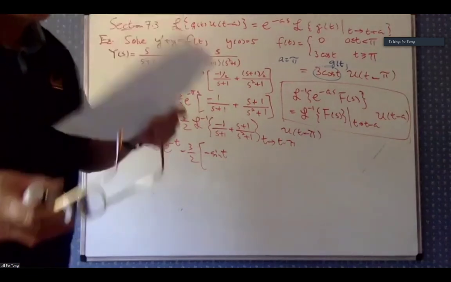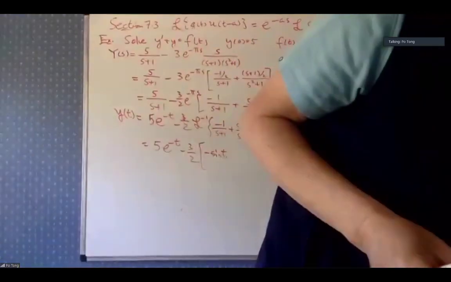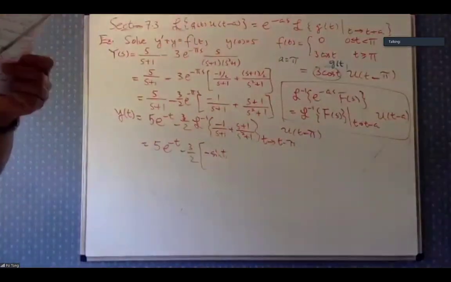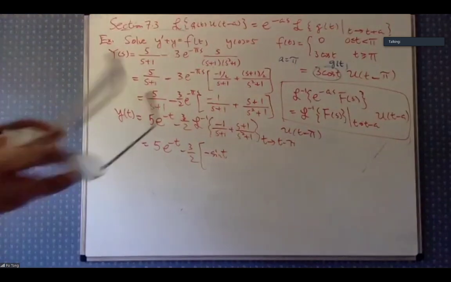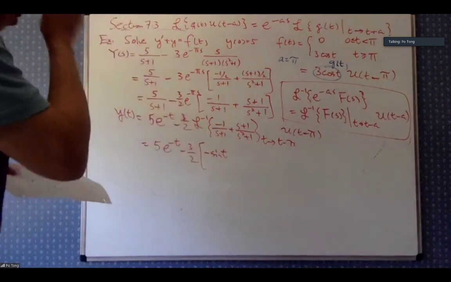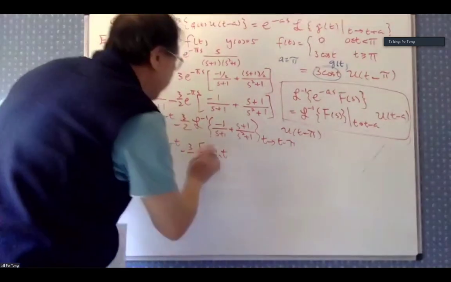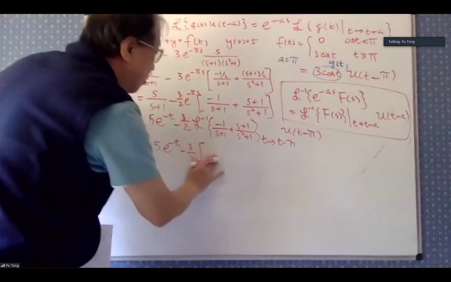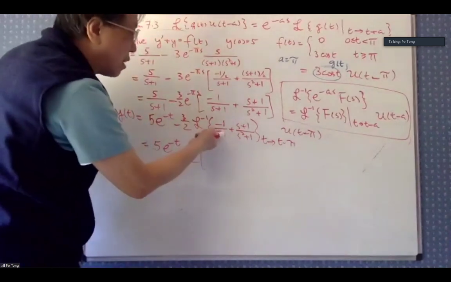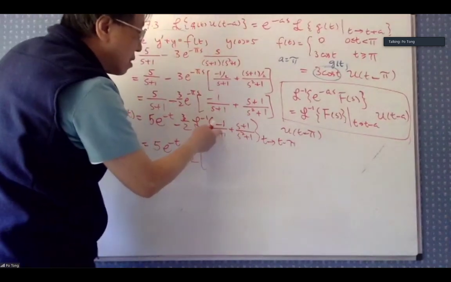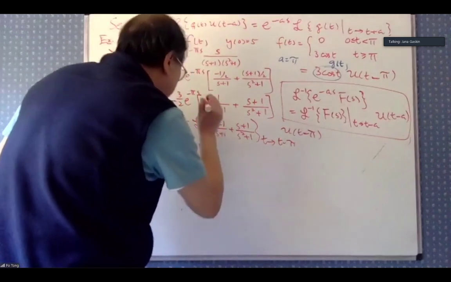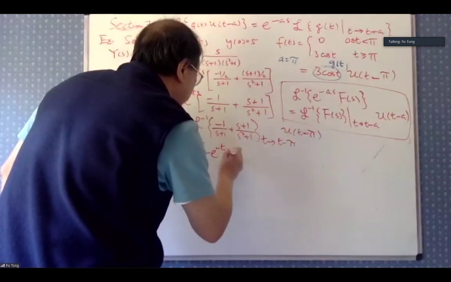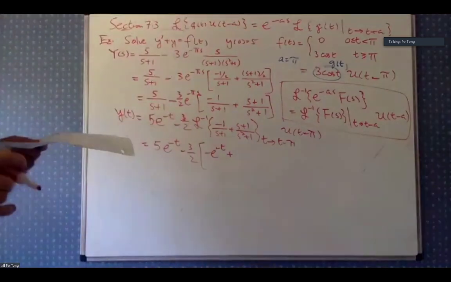They look like they cancel, unless I make a mistake. No, they don't cancel. I messed up. This first one is not sine. I misread it. I thought this is s squared plus 1. This is just s plus 1. Negative e to the negative t. Thank you so much. That's better.